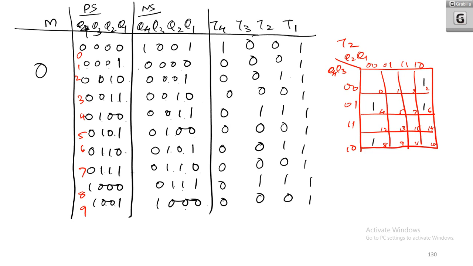At 0, 1, 3, 5 and 7 it is 0. Now 9 also it is 0. For all others it is don't care. Now how will you take? There is a next question. So you can take it like this, you can club.